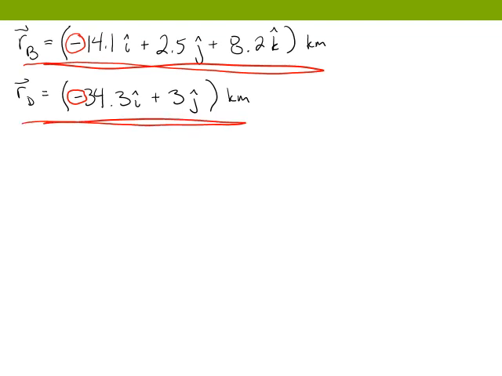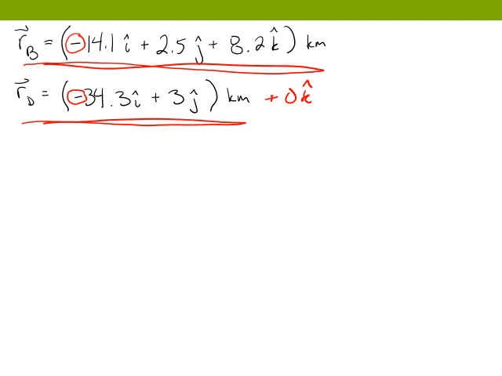Now, I have left off the implicit plus 0 k hat portion of it, just because. But if that's going to confuse you, then by all means, keep your zeros.